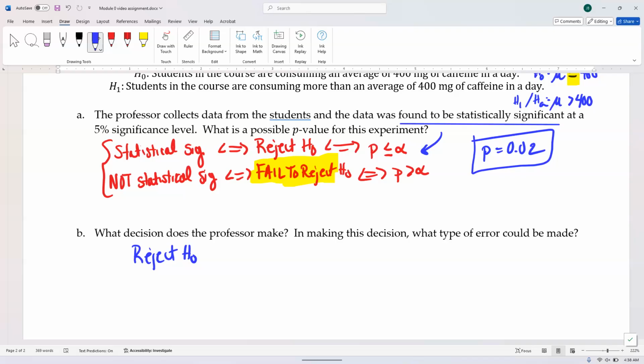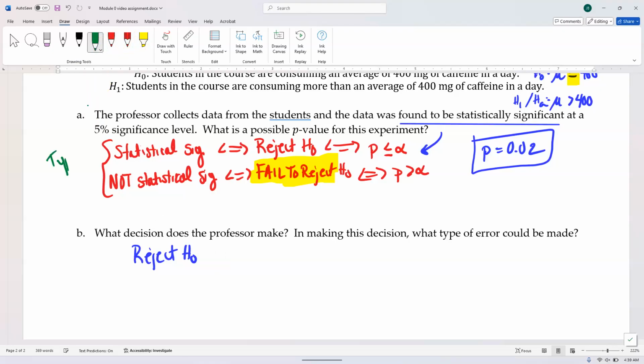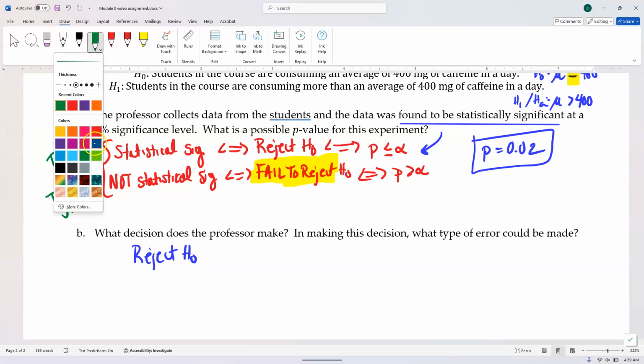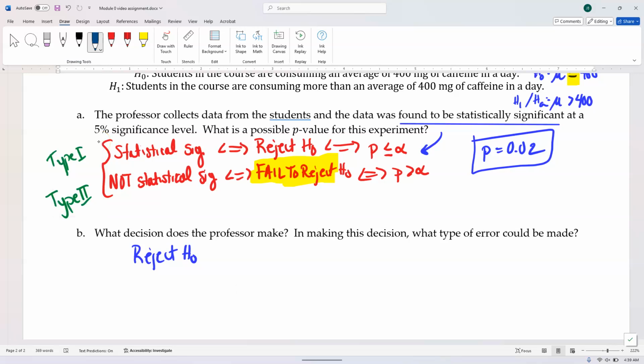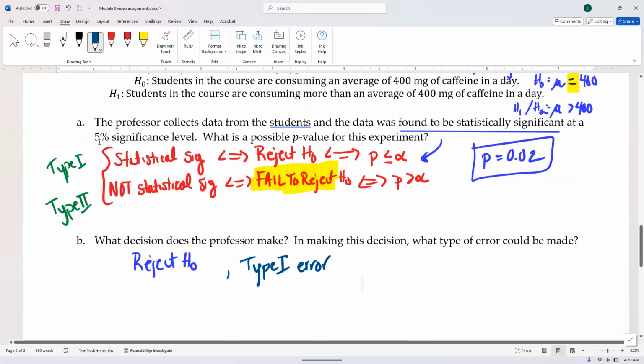If we reject the null, we could have a possible type 1 error, and if we fail to reject, the only type of error we could make is a type 2. So I'm going to say we reject the null, and then we could make a type 1 error. It is possible. Not saying it happened, but it could be the case. All right. So there we go.